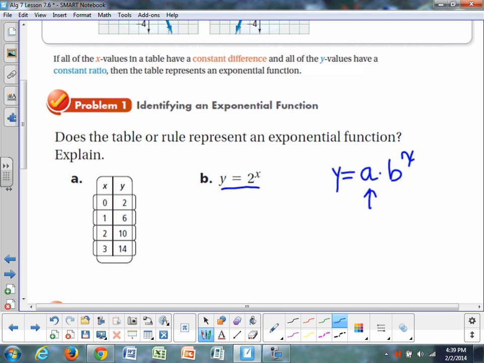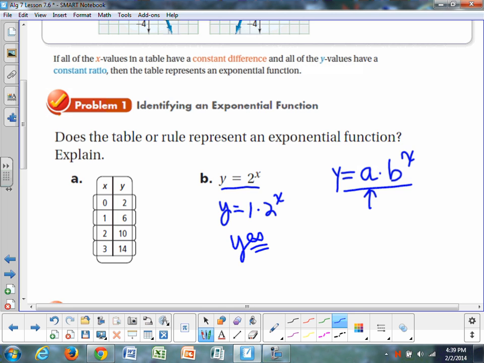I think this one we can write that way. We can write it as 1 times 2 to the x power, so it fits this form. So we're going to say, yes, this is an exponential function.